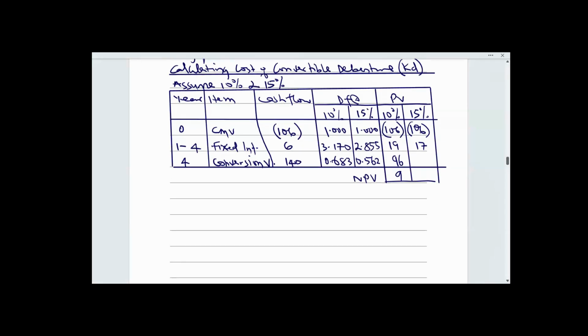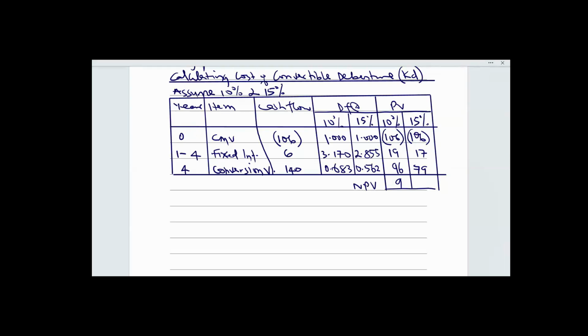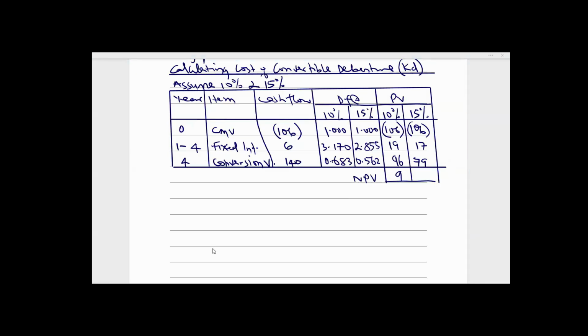That's 79. 79 plus 17 is 96. 96 minus 106, that's minus 10. Let me confirm something. 140 multiplied by 0.562 is 79, correct.